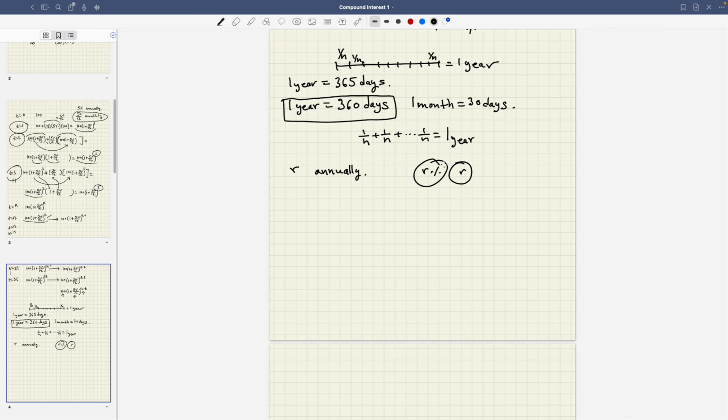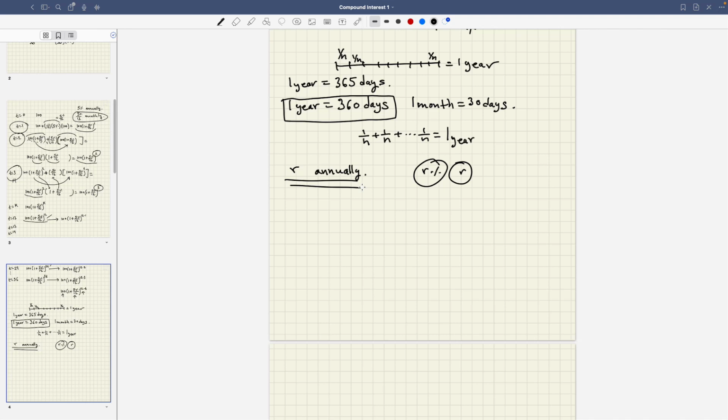Just remember which one you're working with. I would choose decimal form because it reduces the quantity, but regardless, keep in mind which one you're working with. So if R is the interest given annually, that's what you get if you leave your money in the bank for 1 year. You're going to get R% on your investment.